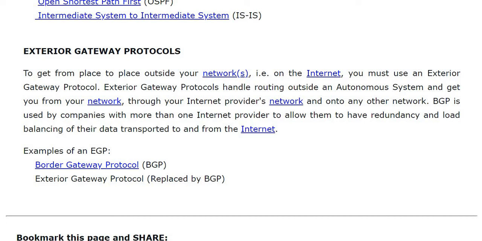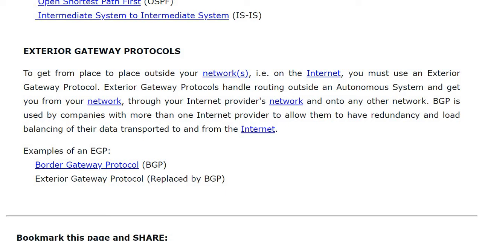Suppose I have autonomous networks in different cities of our country, like Guwahati, Calcutta, or maybe Mumbai. We are interconnecting all those networks using the interior gateway.